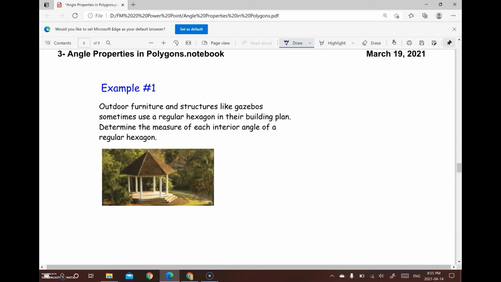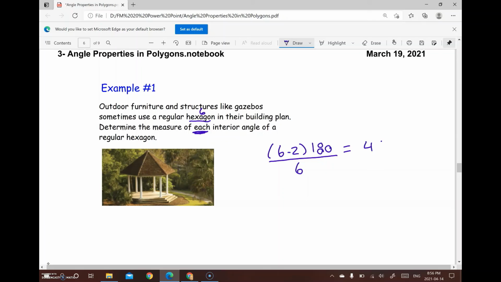Here's another example. Outdoor furniture and structures like this gazebo sometimes use a regular hexagon. A hexagon has 6 sides. Determine the measure of each interior angle of a regular hexagon. So we want each measure, so that one single angle. So that formula we have 6 subtract 2 times it by 180, and because I want to know what just one of those angles is, I'll divide it by 6.